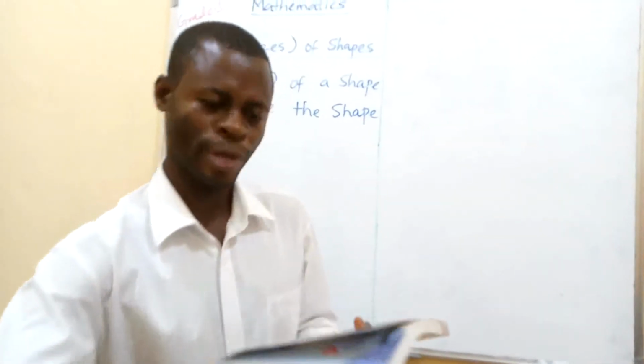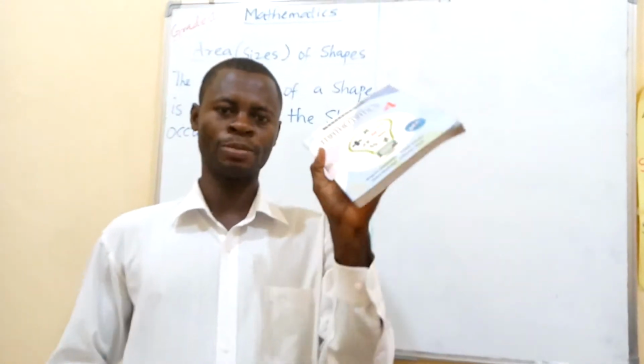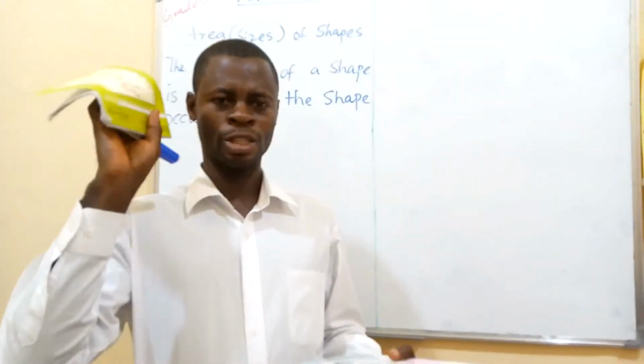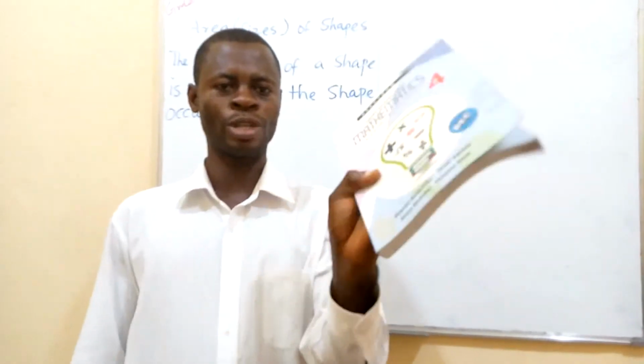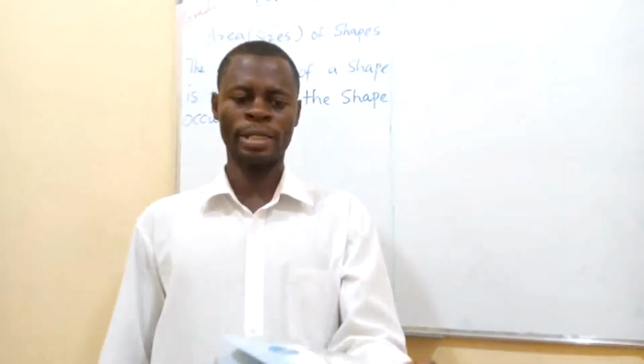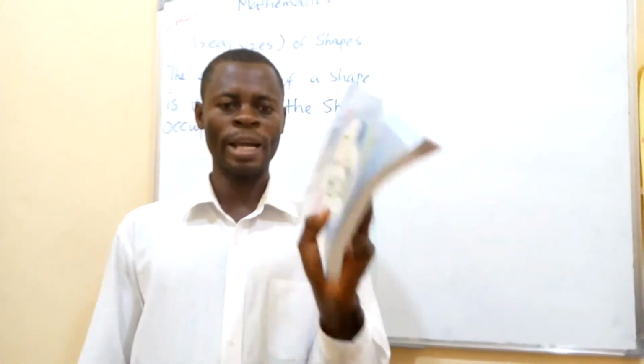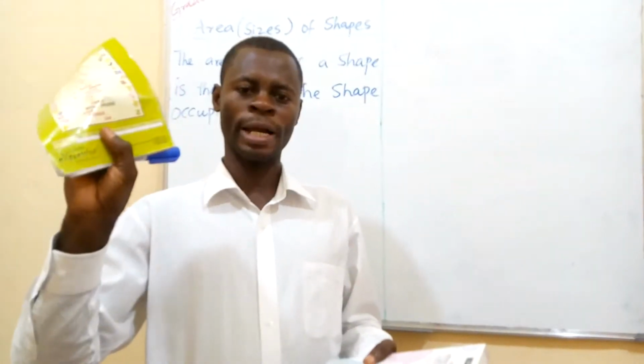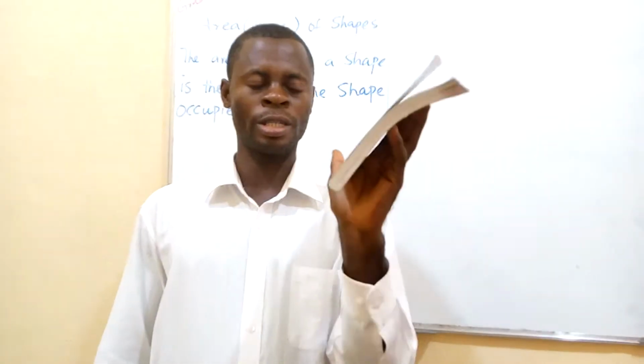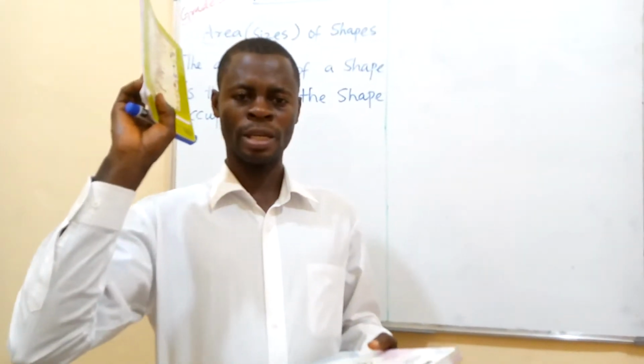You will agree with me that this book occupies more space than this one. Yes, this occupies more space, while this occupies less space. That means the area of this book is bigger or greater than the area of this book.